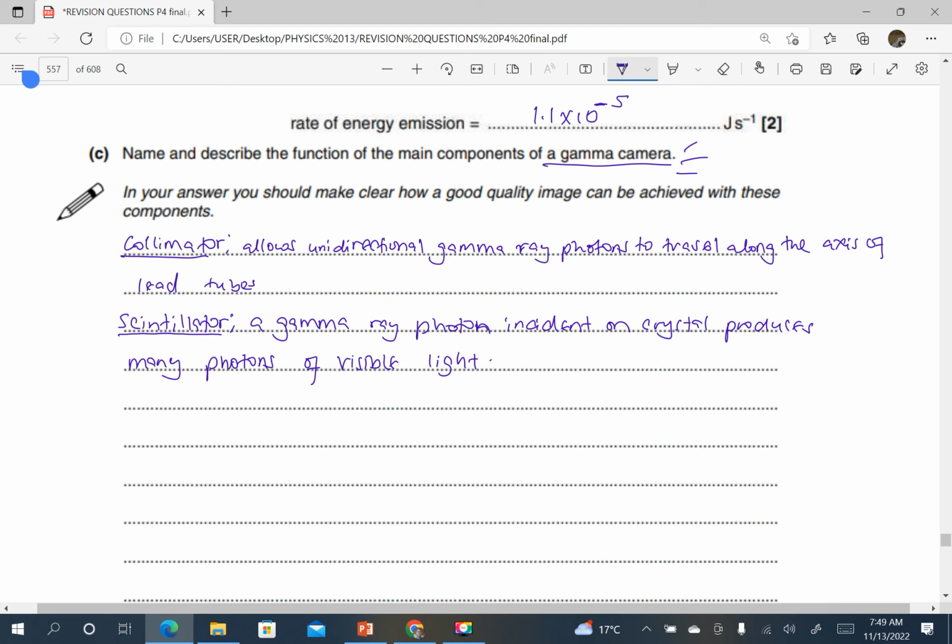Then number three is the photomultiplier, or the photon multiplier tubes. Like it's multiplying the photons.